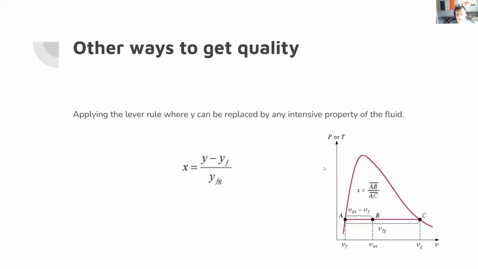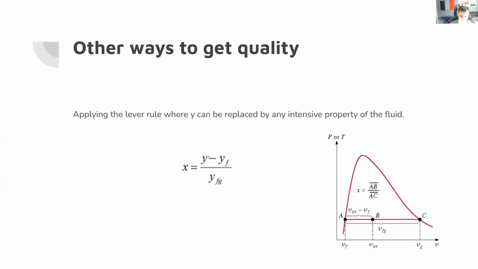This is another way of getting quality, although I don't think you'll need this anyways. If they give you a graph within the exercise and they give you a point where the mixture is, let's say it's at point B, what you can do is just apply this equation. And again, you can replace Y by any specific property. In this case, if we were to use this graph, Y can be replaced by specific volume.